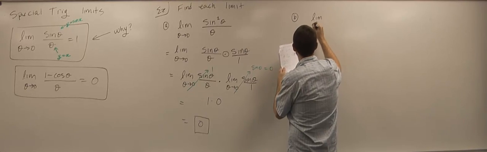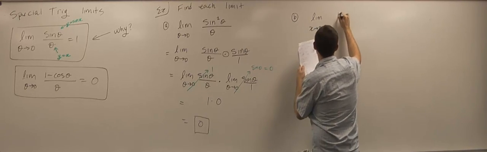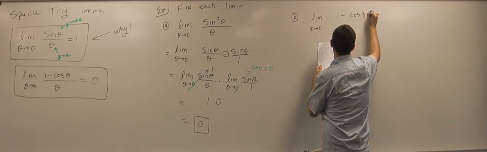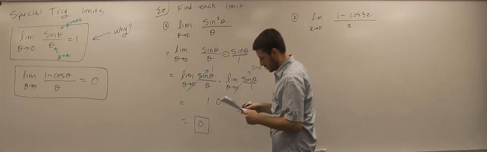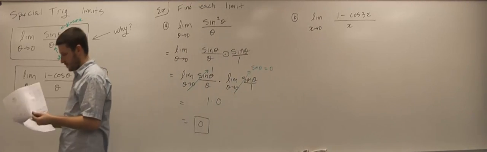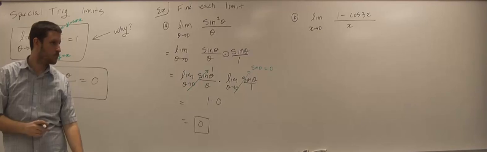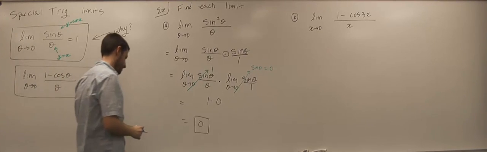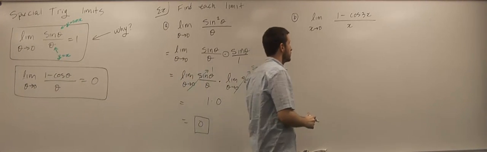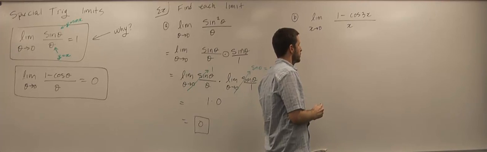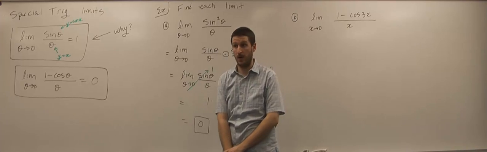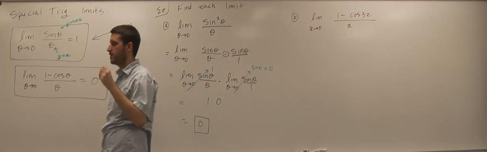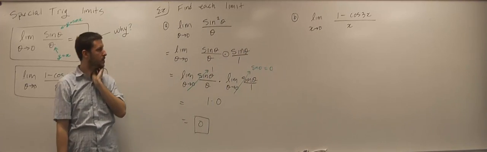The limit as x goes to 0 of 1 minus cos 3x over x. You got to be careful with this one.